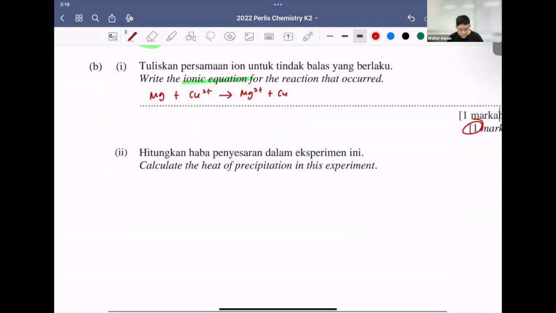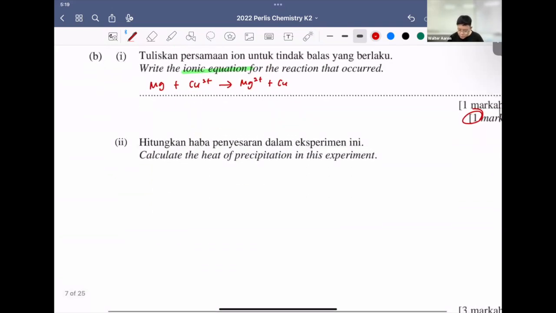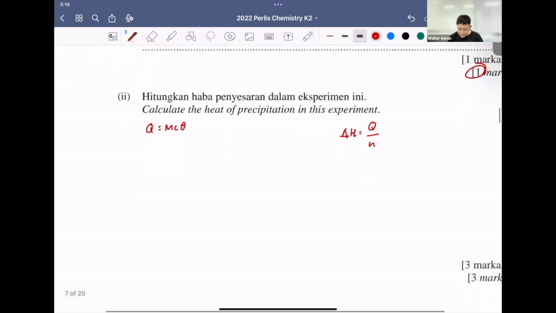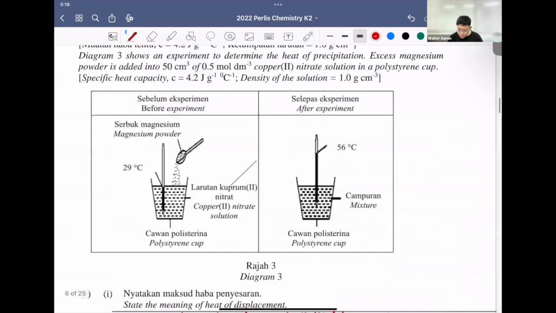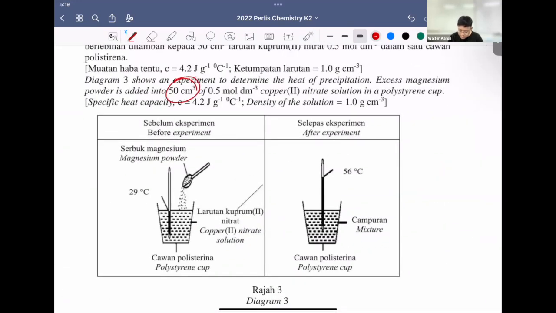Calculate the heat of precipitation in this experiment. So we're going to use 2 different formulas over here. The first formula will be Q equals MC theta. And then the second formula will be delta H equals Q over N. So right now, M will be the total volume of solution, which in this case will be 50.